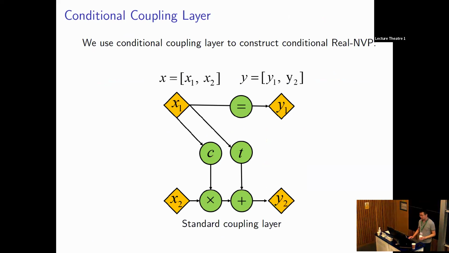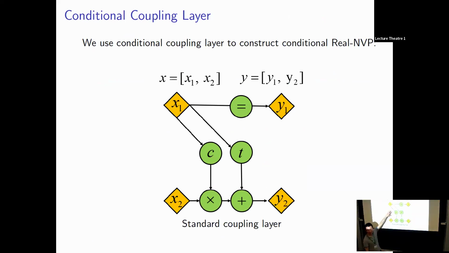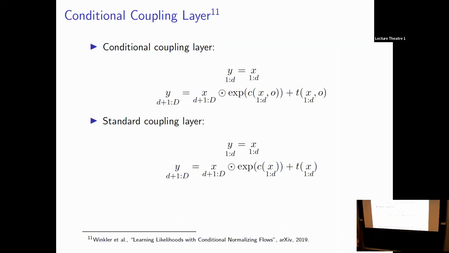And then with conditional normalizing flow, there's a conditional coupling layer involved. It's very straightforward. This is just a standard normalizing flow. The only thing you need to do is to put the conditioning part as an input to some of the functions involved in the normalizing flow, and you get the conditional normalizing flow.